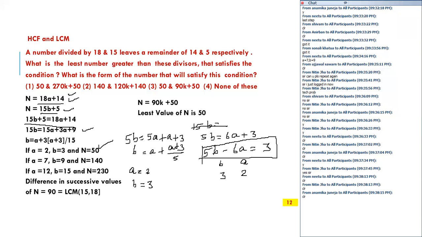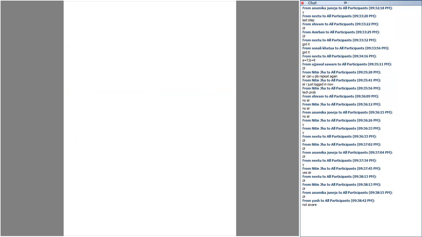Please remember, in an equation like this, a will increase by the coefficient of b, and b will increase by the coefficient of a. How many are aware of this? For example, 2x minus 3y equals 1.